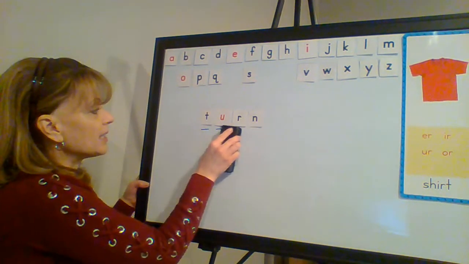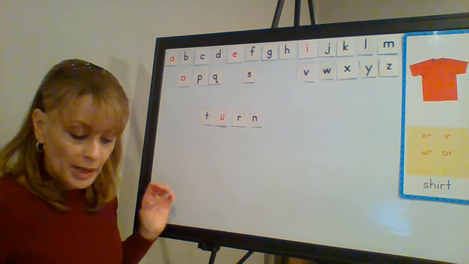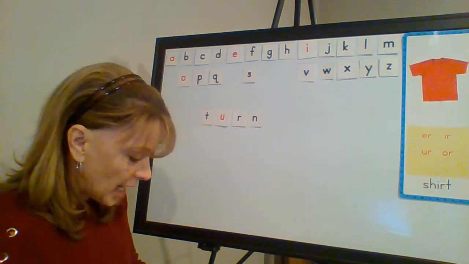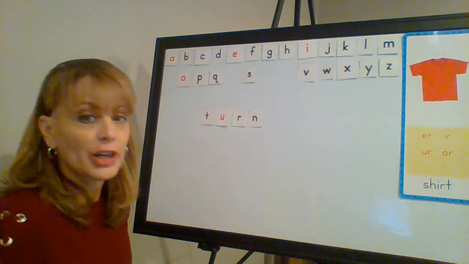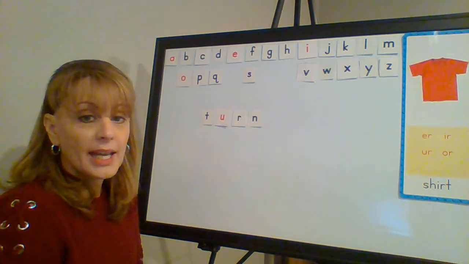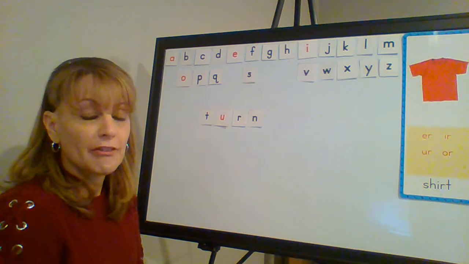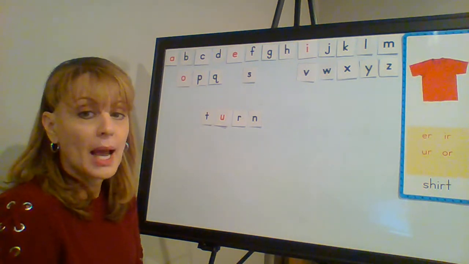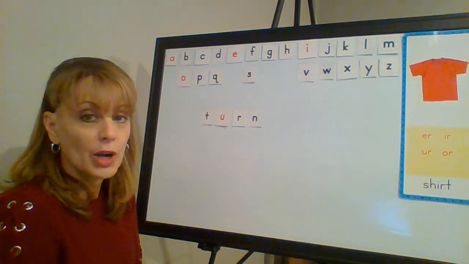So we're going to take turn and we're going to change 1 letter and make burn. So go ahead and change the 1 letter from turn to make burn. Go ahead and do that. Use your letters.